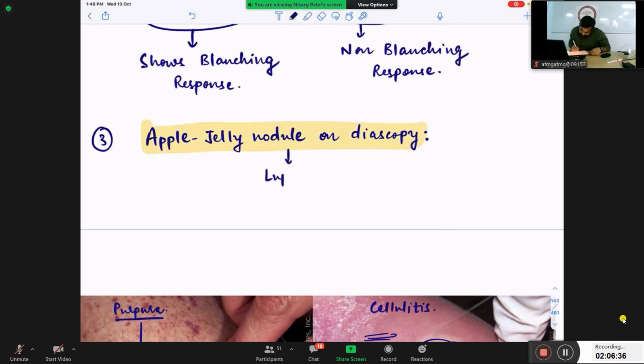These diseases are lupus vulgaris and cutaneous leishmania. It is lupus vulgaris and cutaneous leishmania.